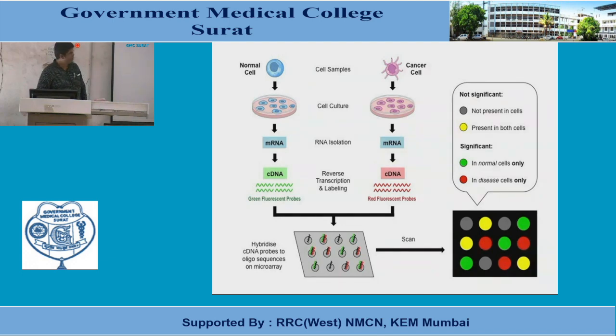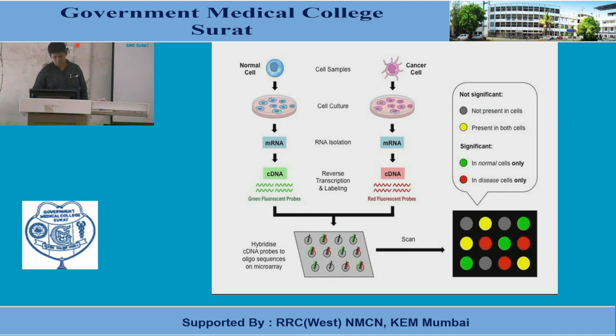Now they are put in a well, and in the well the cDNA probes are hybridized to oligosequences on a microarray. In a microarray well, we have known DNA probes, known DNA sequences of 20 to 25 base pairs, and they attach to either the cancer cell or normal cell cDNA.